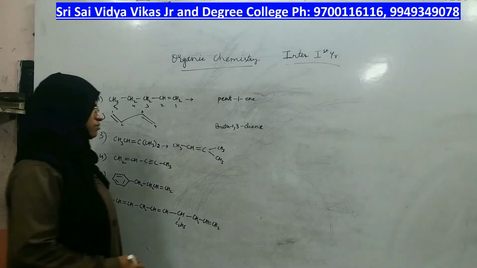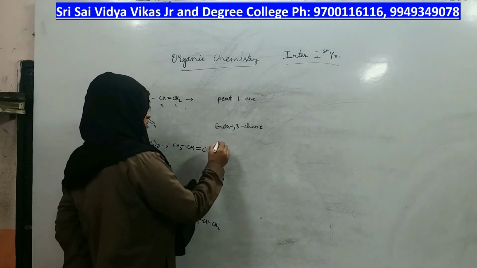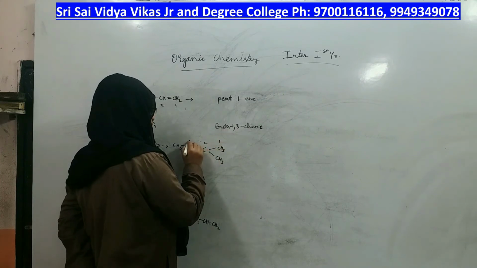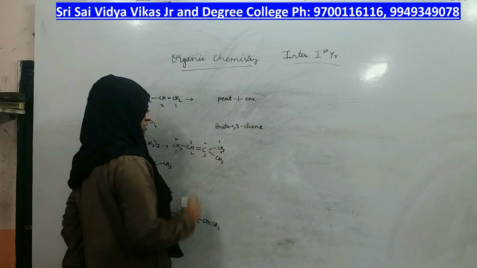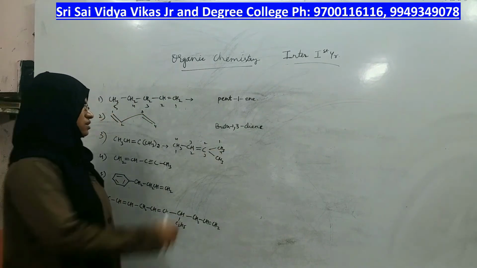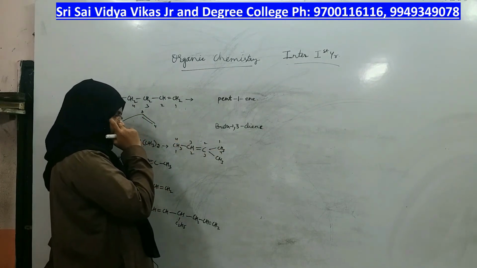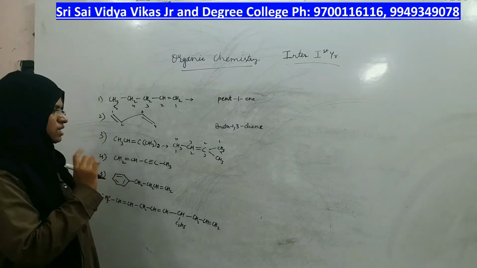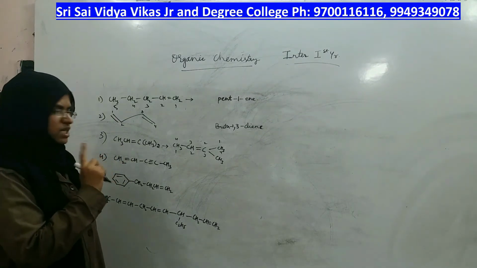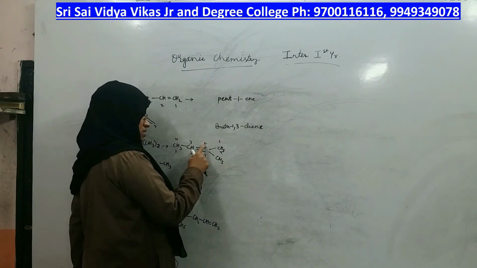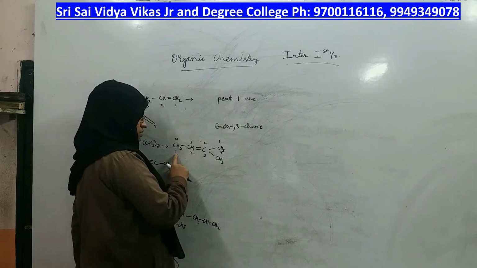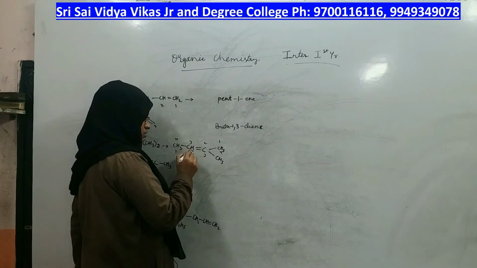Now shall we give numbering to the carbons? I will start numbering 1, 2, 3, 4. Which numbering is correct? The numbering in which the double bonded carbon gets the least possible number is correct. If I start from this side, the double bonded carbon is getting 2. If I start from the other side also, the double bonded carbon is getting 2.